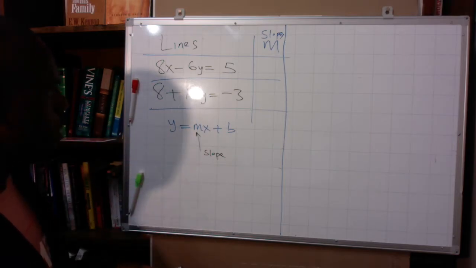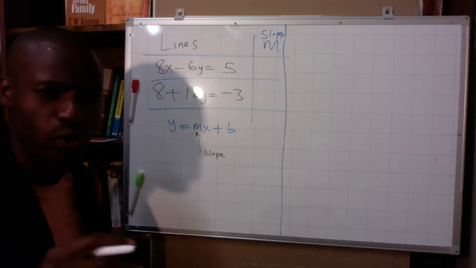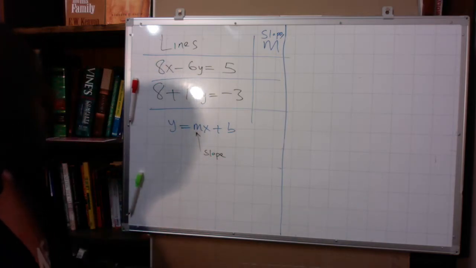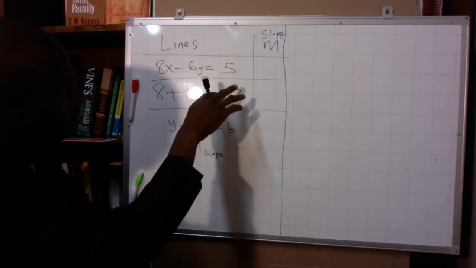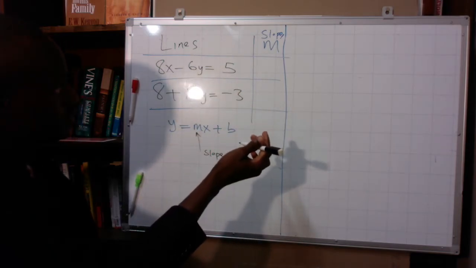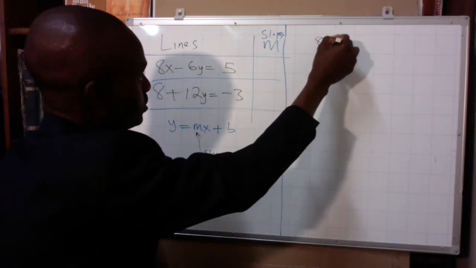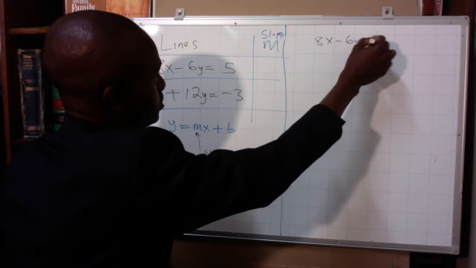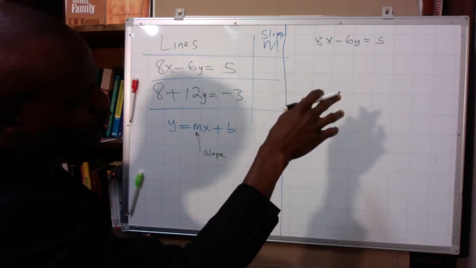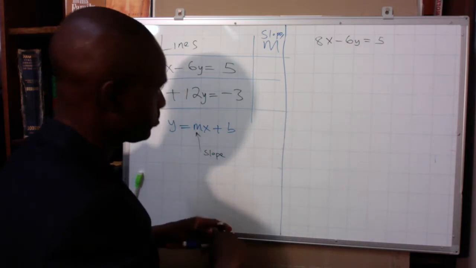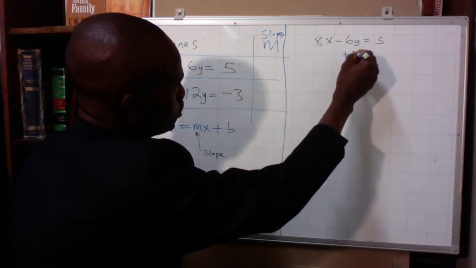So if we were to start with the first question, and I'm going to jump some steps here, but you can always work this by yourself. I want 6y to be positive, so I add 6y to both sides.